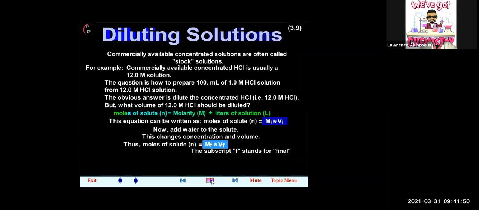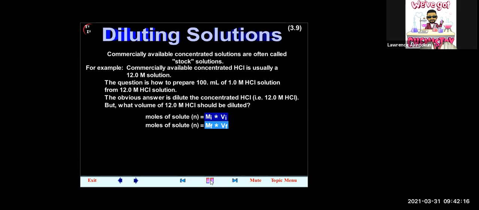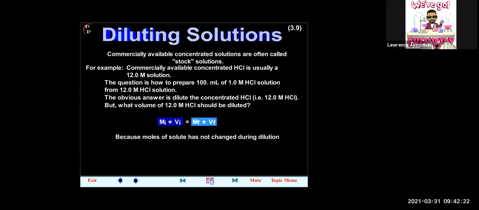The subscript f stands for final. Hence, Mf equals final molarity and Vf equals final volume. Because moles of solute has not changed during dilution, Mi times Vi equals Mf times Vf.